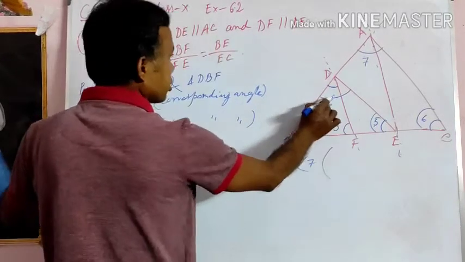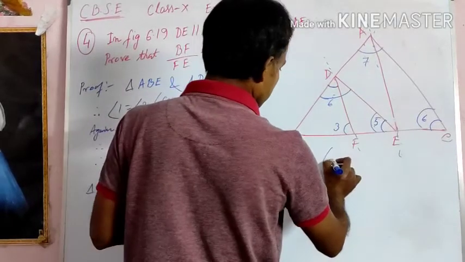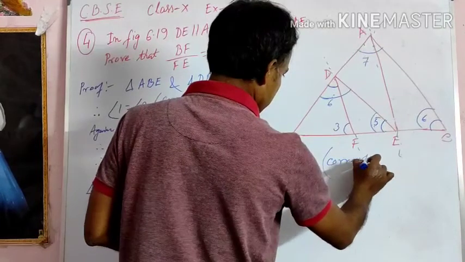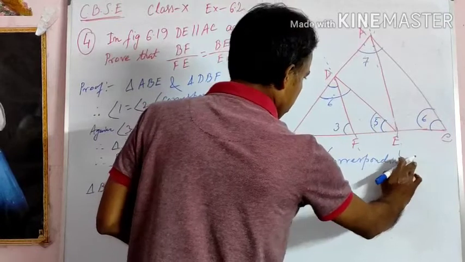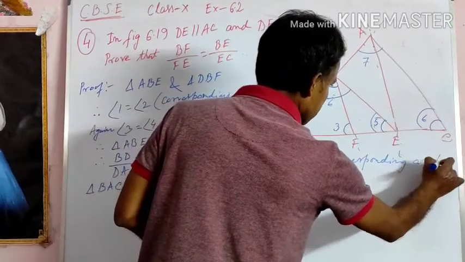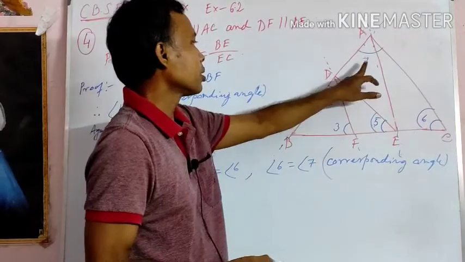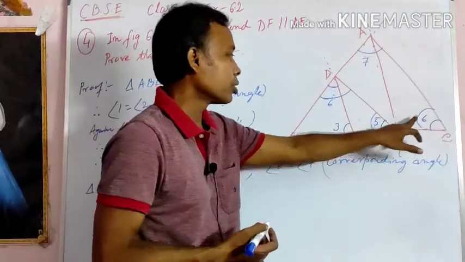Both 5, 6 and 6, 7 are corresponding angles. So 6 is equal to 7 and 5 is equal to 6.